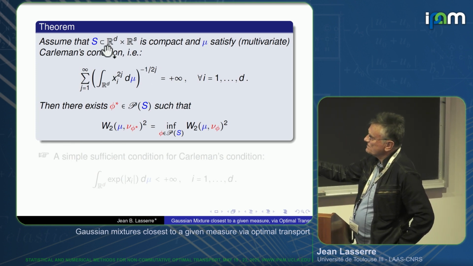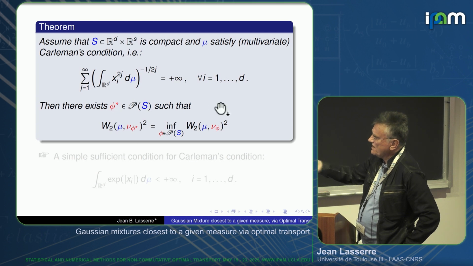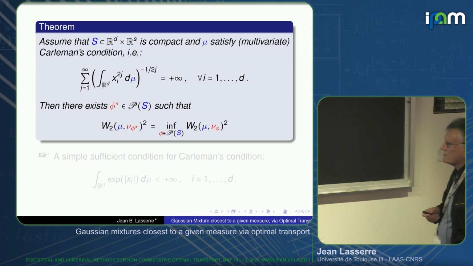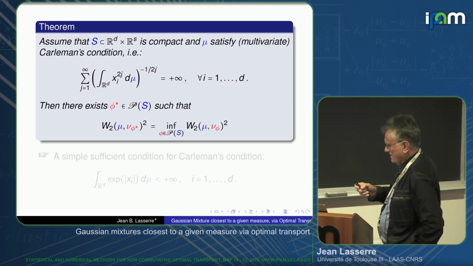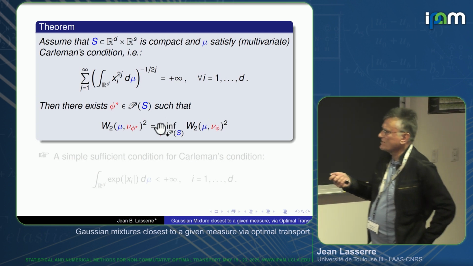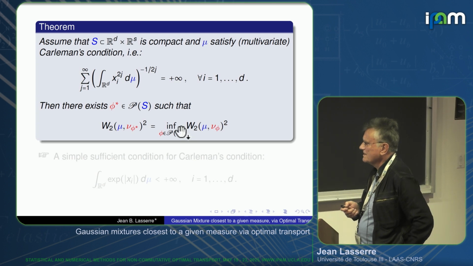So under the simple condition that S is compact and the marginal of mu for each i satisfies this Carleman condition, there exists an optimal solution to the problem that we just described on the previous slide. Of course, the solution is not necessarily unique, but there is an optimal solution. So it's a well-posed problem in the sense that it has an optimal solution.